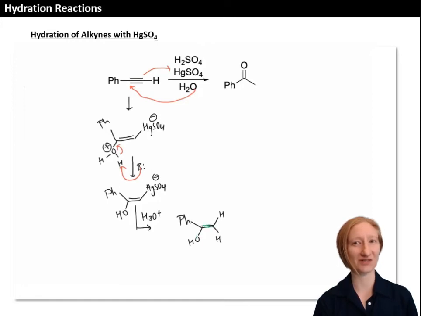Now remember that the enol is unstable and wants to tautomerize. That tautomerization occurs when the alkene attacks a proton to form the carbocation next to the oxygen. The oxygen lone pair resonates down to form the new pi bond and a positive charge on the oxygen.